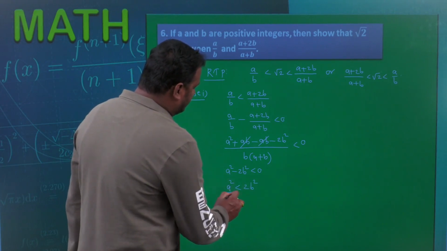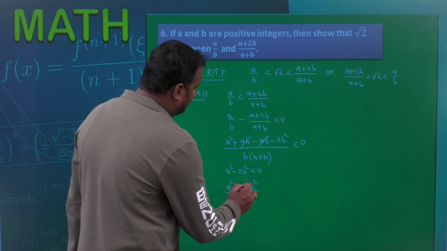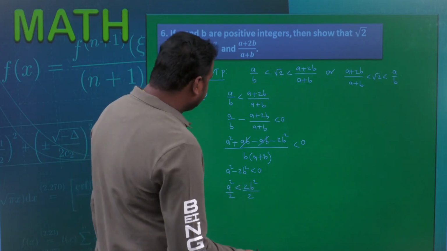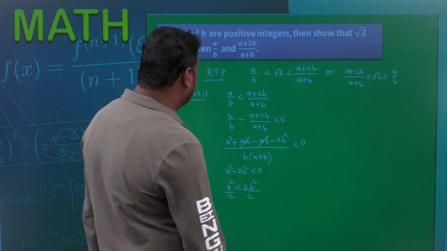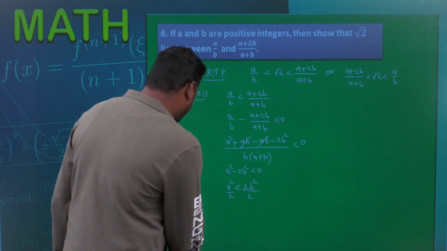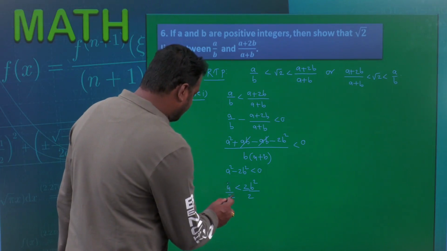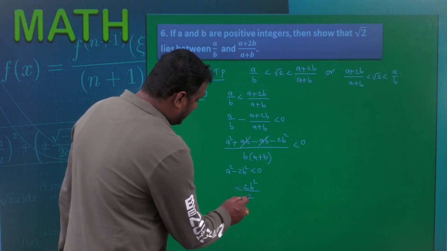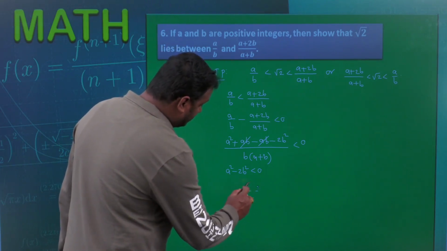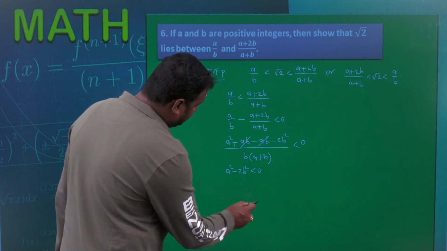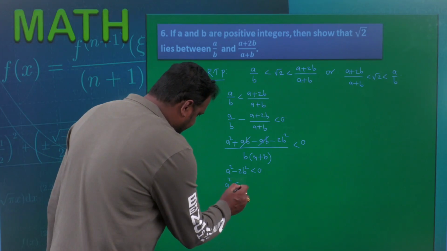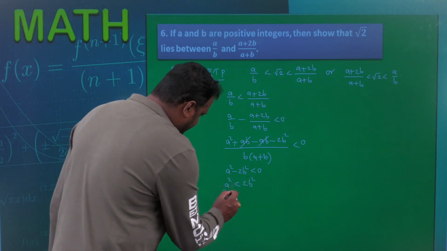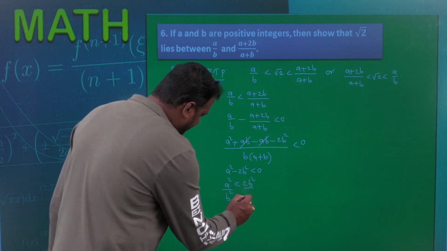So divided by 2 on both the sides. Okay, fine. We want b square, right? We want a by b, so first you transpose the minus 2b square to that side: a square is less than 2b square, divided by b square on both the sides.